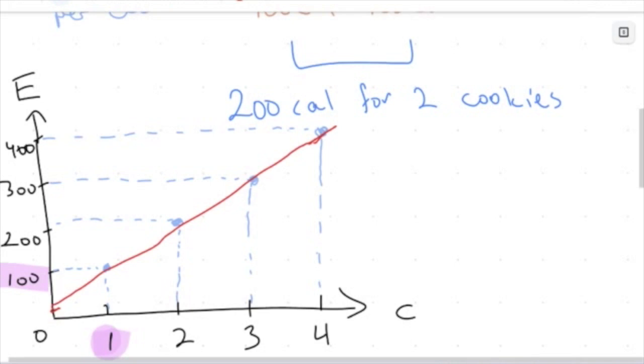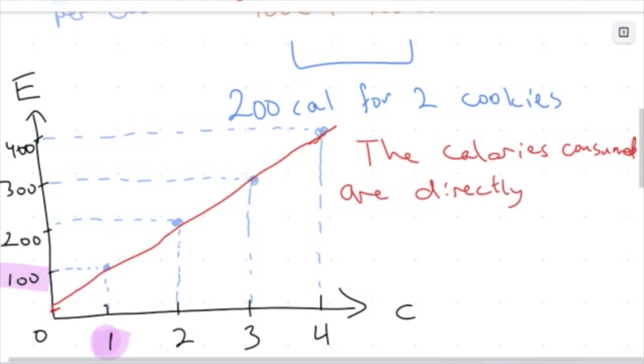So we can say that the calories consumed are directly proportionate to the cookies eaten.